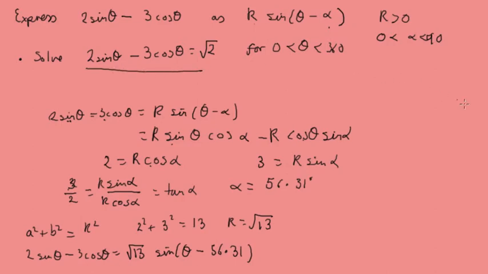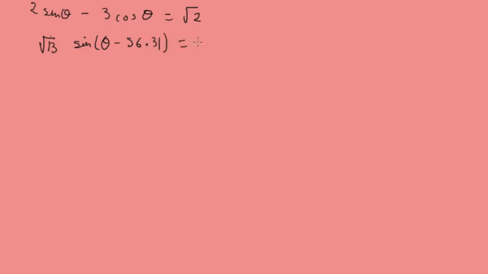Now we are going to solve this equation, but I'm going to write this on another page. So we want 2 sine theta minus 3 cosine theta equal to root 2. So we're going to replace this by our expression r sine theta minus alpha, which was root 13 sine, open bracket, theta minus 56.31 equal to root 2.